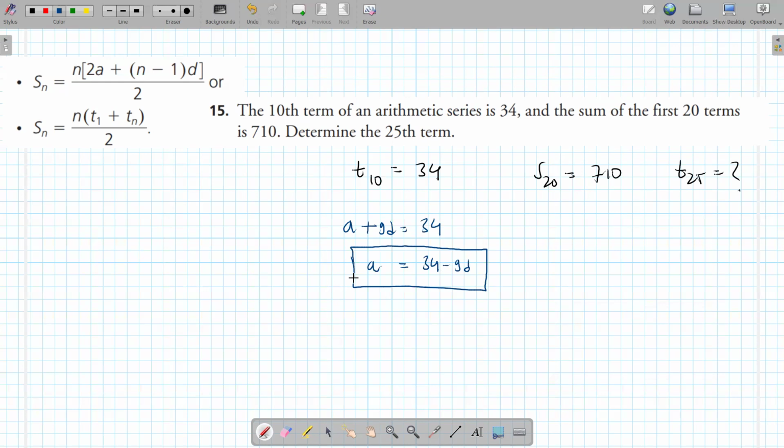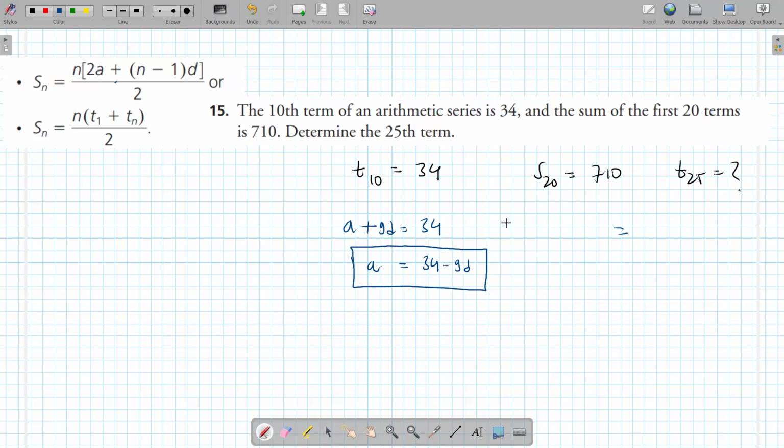Let's look at S20. To find S20, let's use the top formula here. We don't know A, we don't know D, but that's fine. We know what our N is.